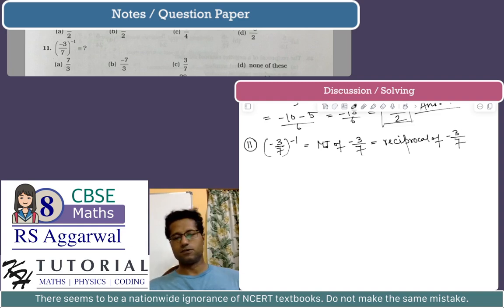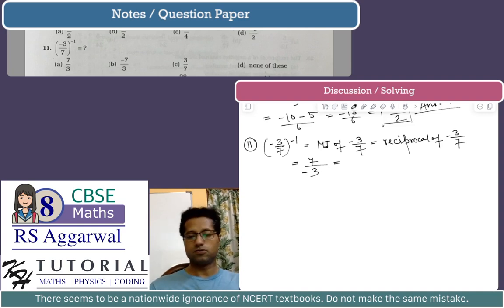And we know that the reciprocal of a rational number p by q is nothing but q by p. You just interchange the numerator and the denominator. So this will be equal to 7 by minus 3. Now 7 by minus 3 is not in standard form because the denominator is negative. So make the denominator positive and it becomes minus 7 by 3. Minus 7 by 3 is the result. So the correct choice is B.